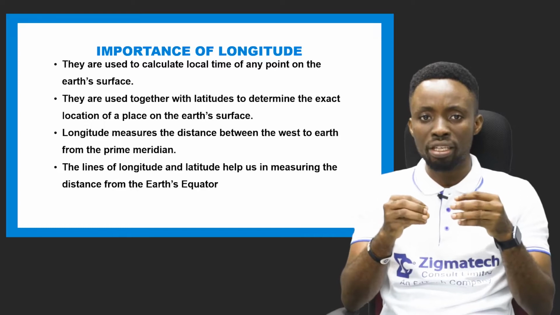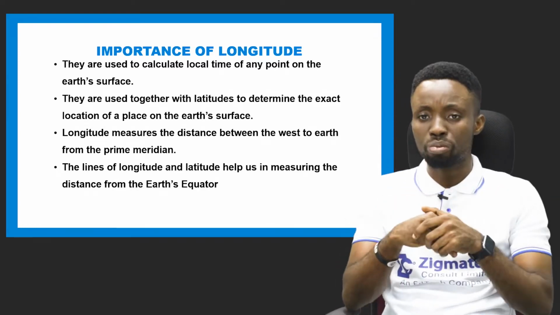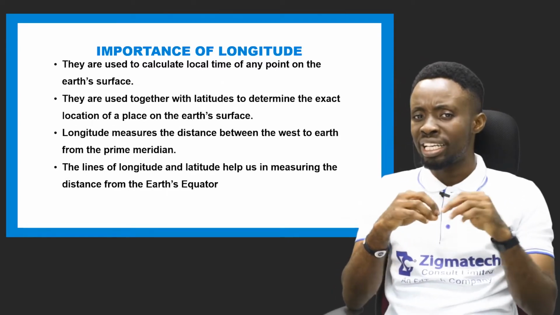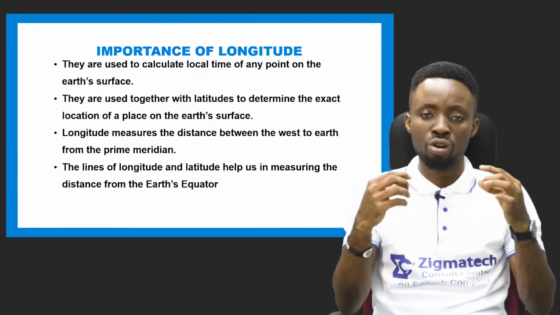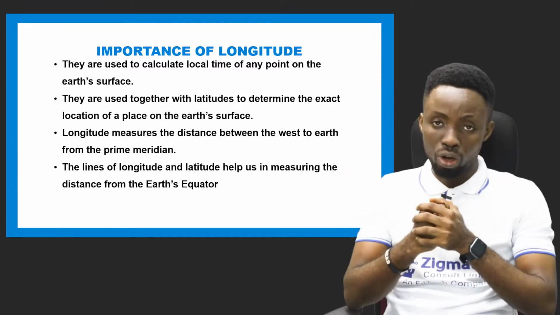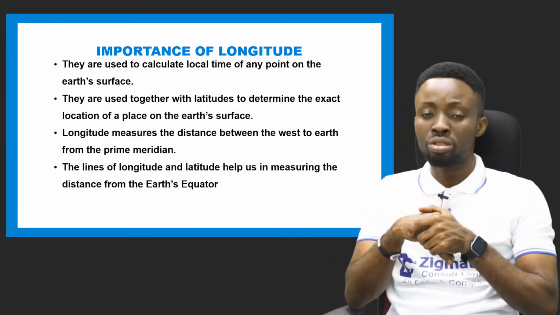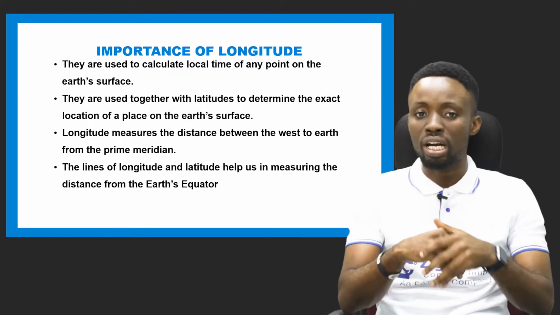Then we also combine longitude with latitude to find the location of a place. And whenever we want to measure a distance from the Greenwich meridian, we make use of the lines of longitude. And lines of longitude and latitude help us to measure the distance from the equator mathematically.